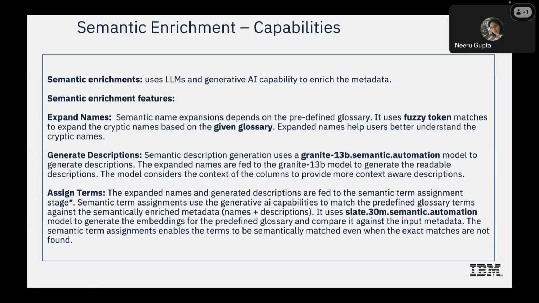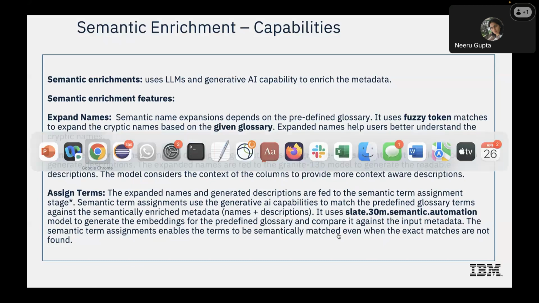The way we do it is we use the encoder model, the Slate model, to create the embeddings of the incoming metadata and then match them against the embeddings of the terms or the glossaries which are defined by the users. This way we match the terms not just on linguistic name matching, but by semantically understanding. And again, I will show you some examples for this. So let's switch to the demo.